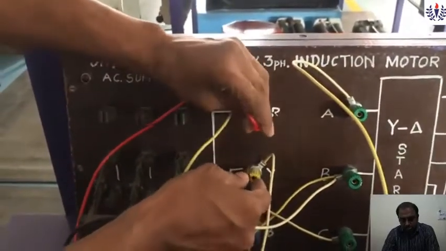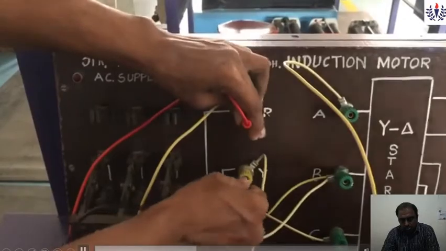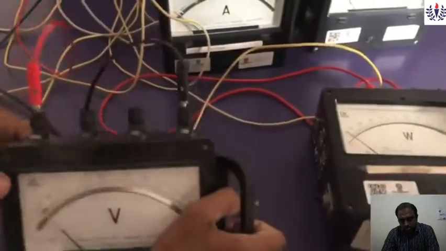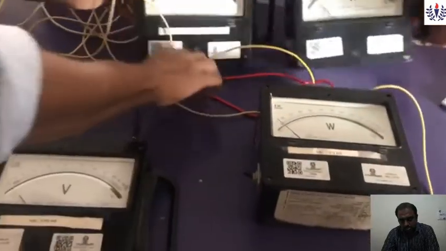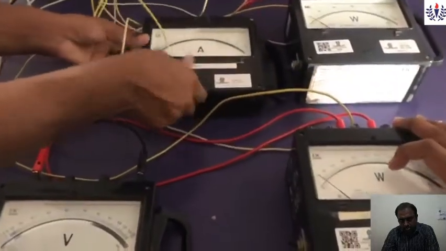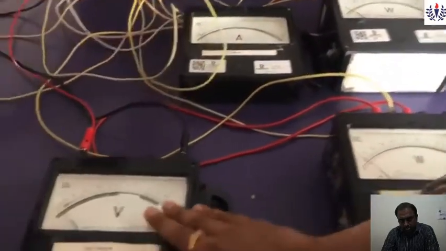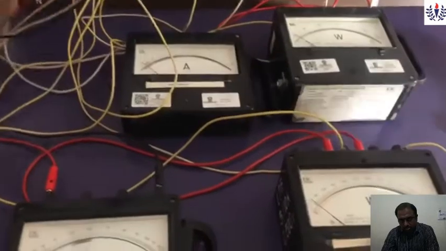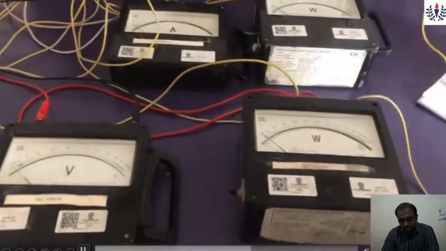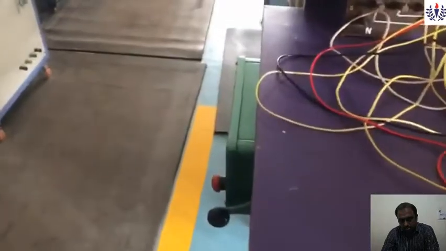It will be connected to R and Y. The connections are very simple, but in the load test of a single phase motor we use only one wattmeter. But here we are operating a 3-phase motor, so we are taking 2 wattmeters. This is the 2 wattmeter method.